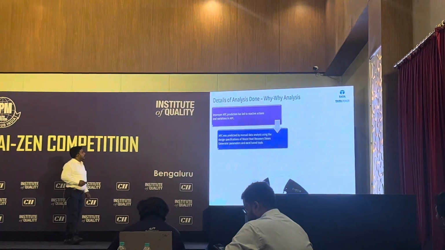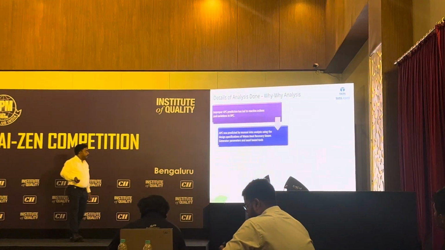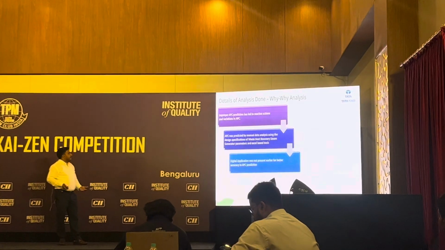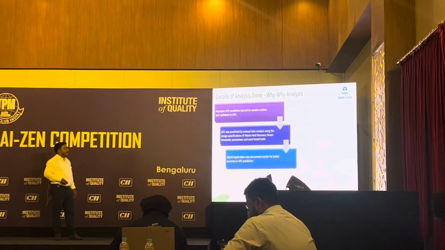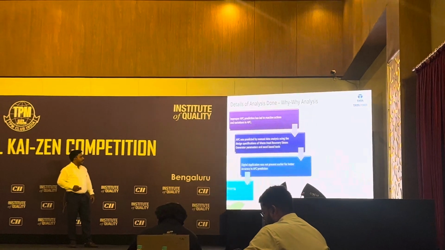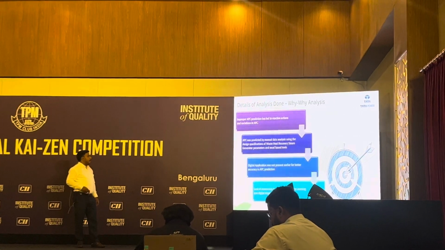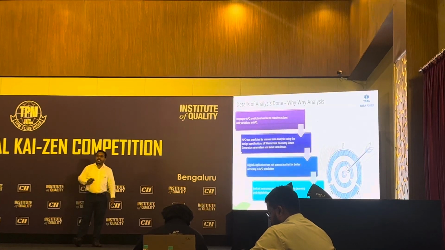APC was predicted by manual data analytics previously, and a digital application for better accuracy in APC prediction was not present earlier. Further, there was a lack of awareness in the field of machine learning, and digital drive in this business context was missing in our case.